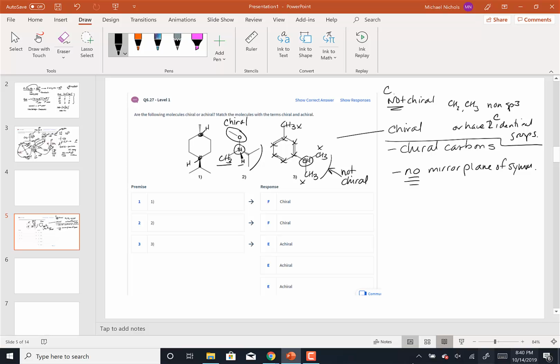Well, after a discussion today in class, I can pass a mirror plane like that through the molecule, and so those are no longer chiral. So in this case, we have no chiral centers, and therefore that molecule is not chiral.